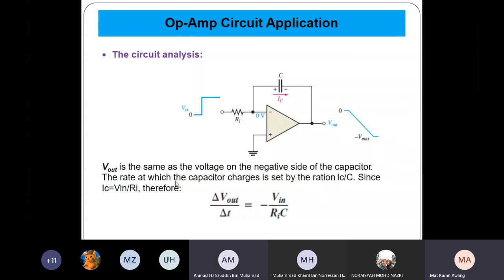The rate at which the capacitor charges is set by the ratio of IC over C. Since IC is equal to V in over R in, therefore the change of the output divided by the change of the time is equal to minus V in over R in C. This is the formula. This is actually the integration. dV dt is equal to V in over R in C.